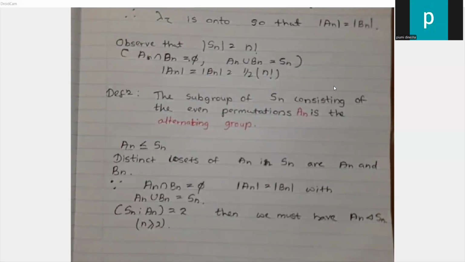And we know for any group, the group itself and the trivial group will always be normal subgroups of itself. In that case also, A1 is a normal subgroup of S1. Right? Okay. So we understand this alternating group is a normal subgroup in Sn.